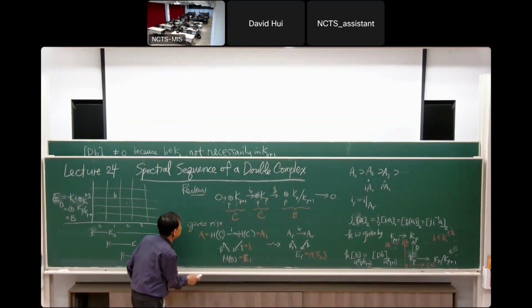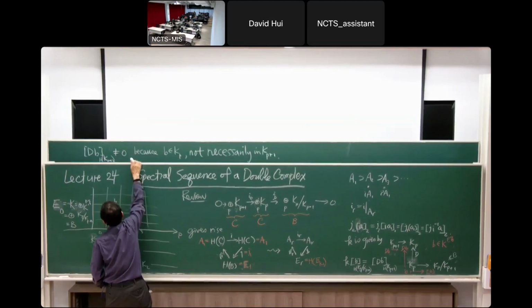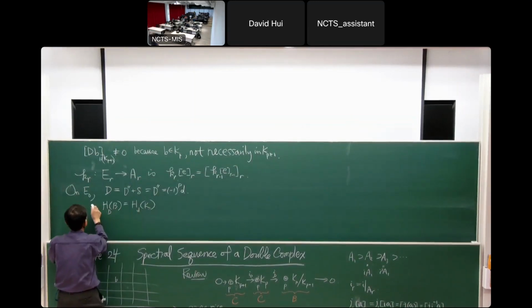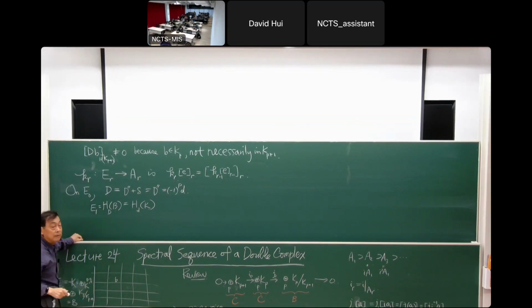E1 is the cohomology of B. So this is E1. That's what we showed last time.